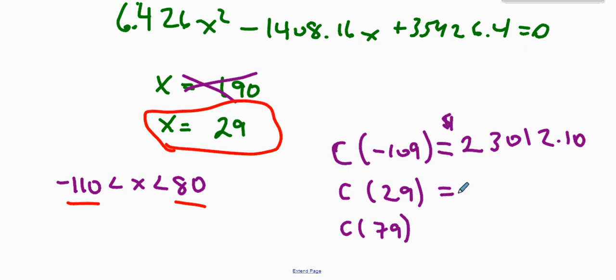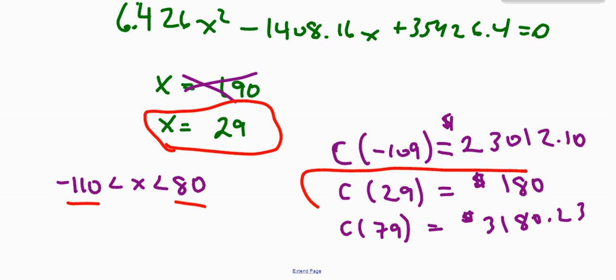Ooh, that's a lot. If I sub 29 in, I get $180. That's better. And if I sub 79 in, I get $3,180.23. Pretty clearly, if I let x equal 29, I have the minimal cost.